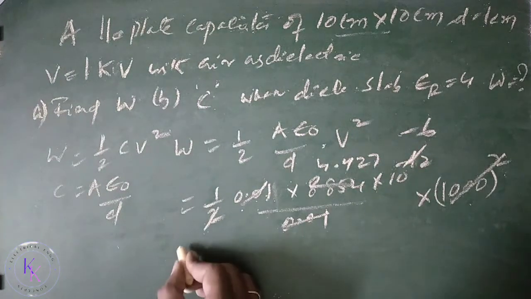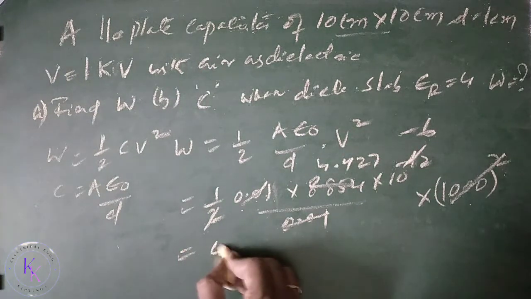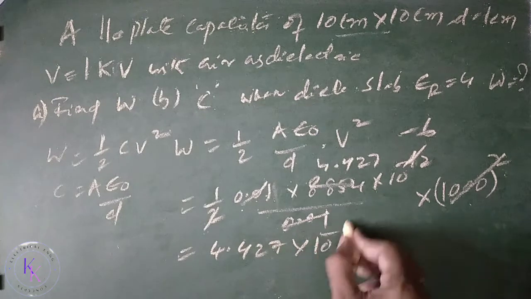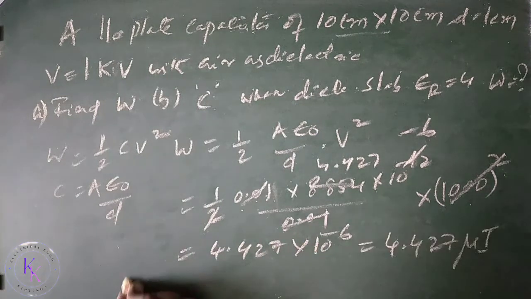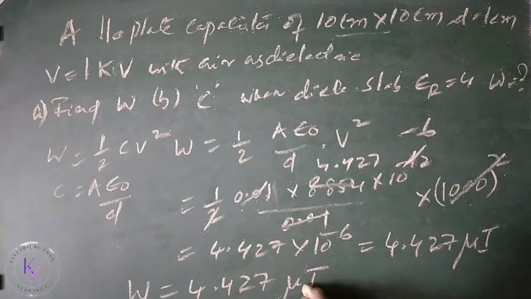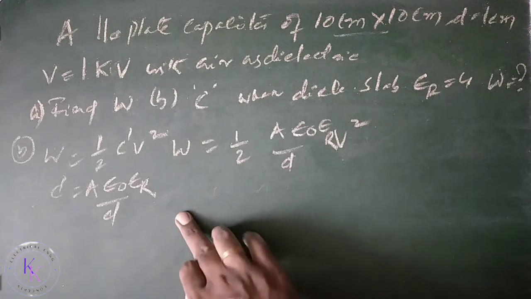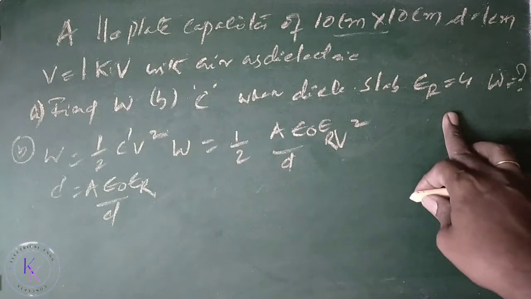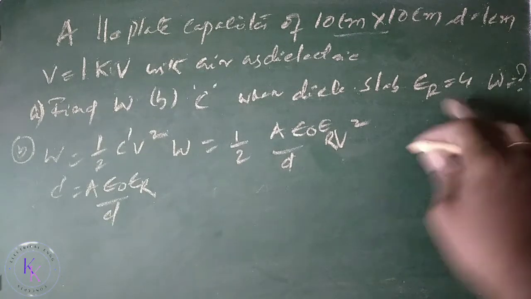This gives 4.427 into 10 to the power of minus 6. The energy stored is 4.427 microjoules.